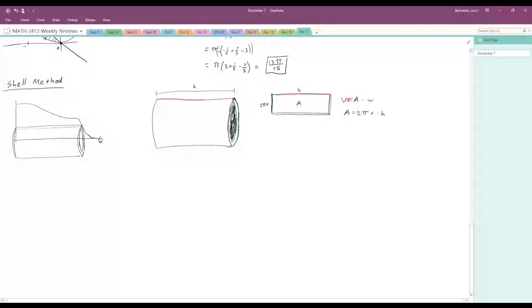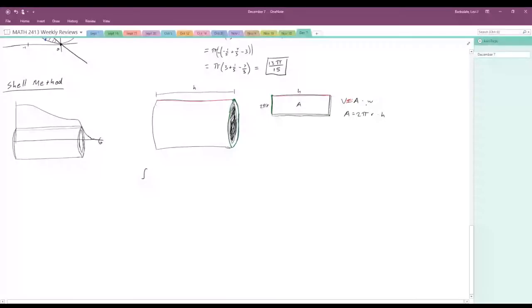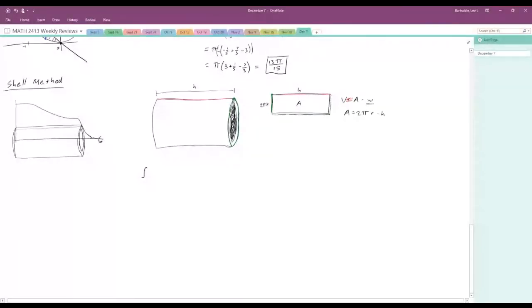So when we stack an infinite number of these cylinders inside each other and make them infinitely skinny, that's our whole idea behind an integral. So using the shell method, we're going to integrate, letting our w be our infinitesimal, our dx in this case.